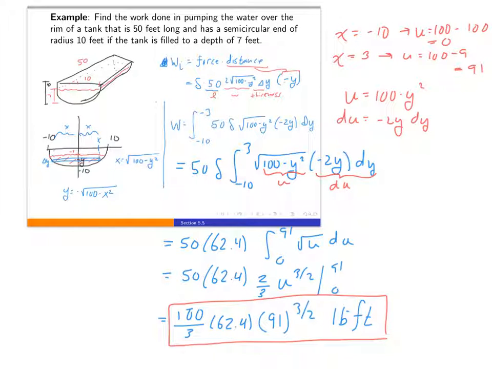And its weight was the volume of that slice, here it was a rectangular slice with thickness, times its density, and then we multiplied it by how far we had to move it. Once you determine the work on that ith slice, this is exactly what you integrate. So the only difference is the delta y becomes the dy, and then everything else is copied down exactly. Once you have that definite integral set up, evaluate, you have the work done.